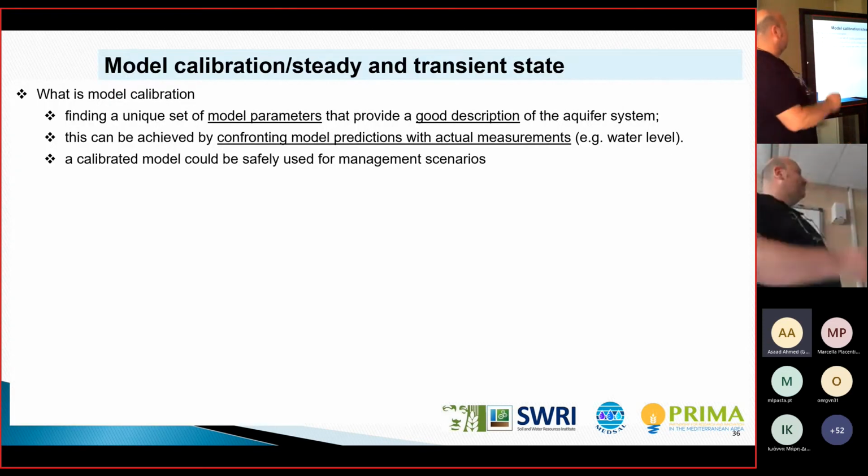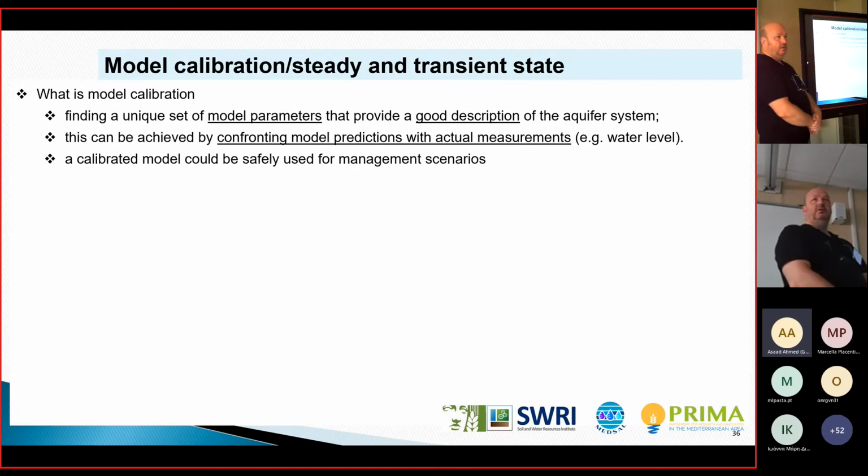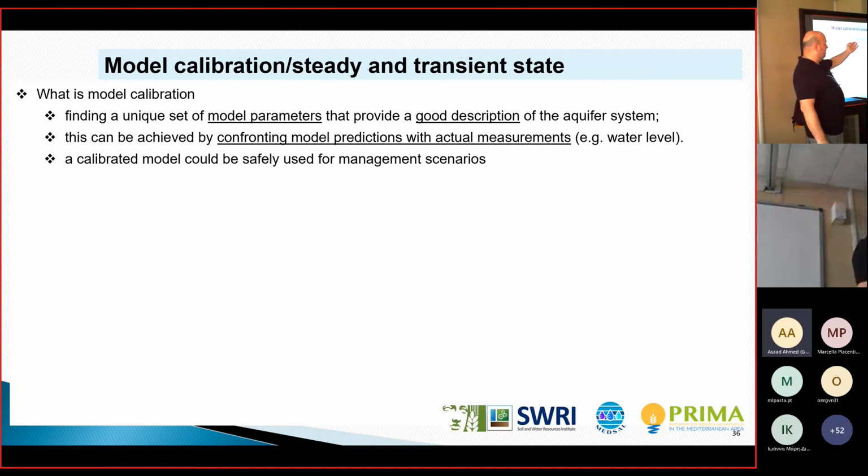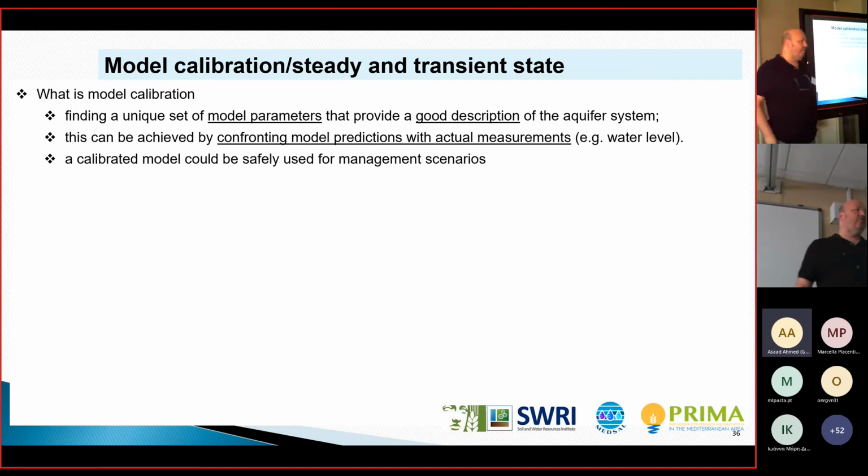Let's first define what a model calibration is. In general, it's a process to find a unique set of model parameters that provide a good description of the aquifer system. This can be achieved by confronting the model predictions with actual measurements. So we change the model parameters and we see the results of the model.